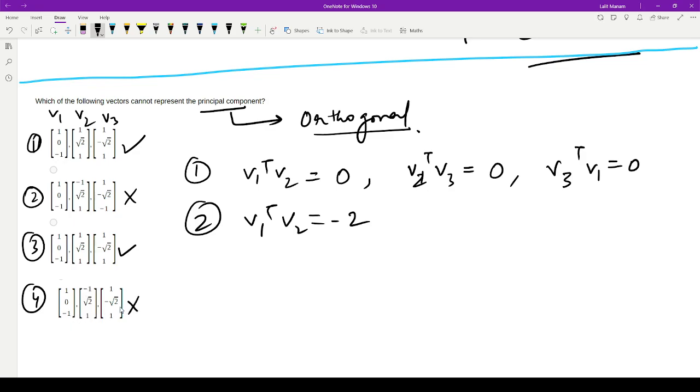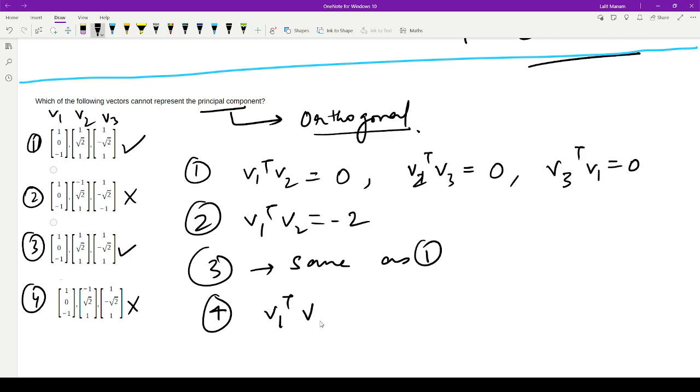The fourth one has again the same problem, although it is not the same. Again, the third is the same as the first, and for the fourth one, you can see that v1 transpose v2 again is minus 2. Here the last element is different. Fine, but since any one of them is not satisfied, you can say that they cannot represent principal components.